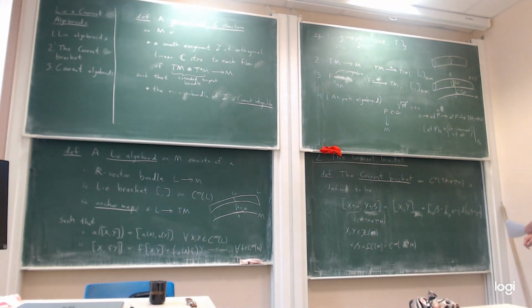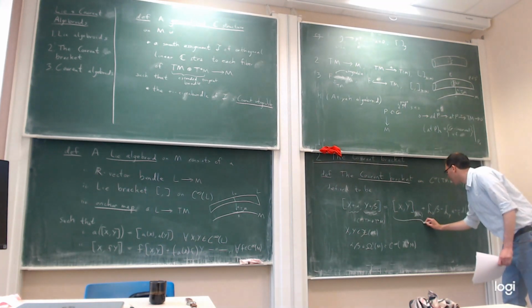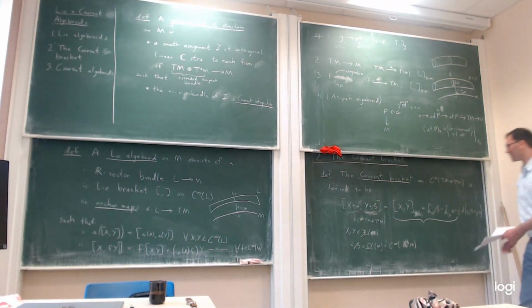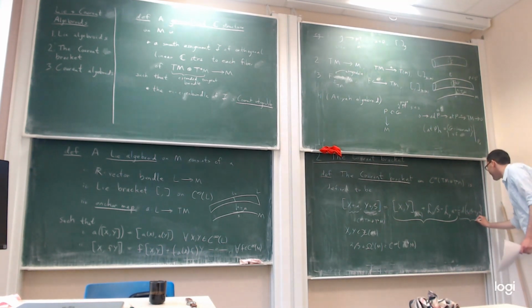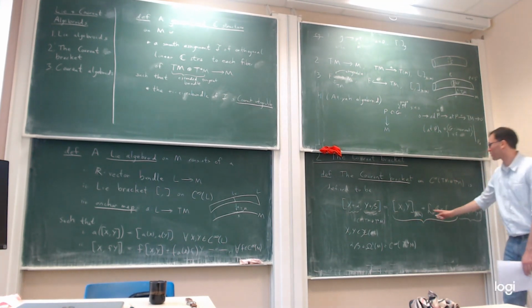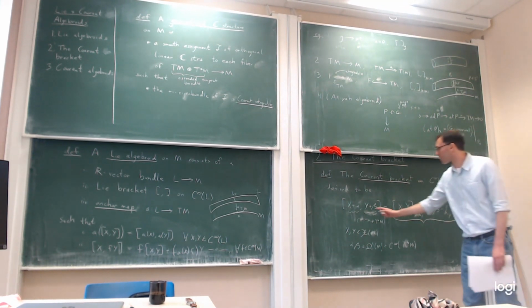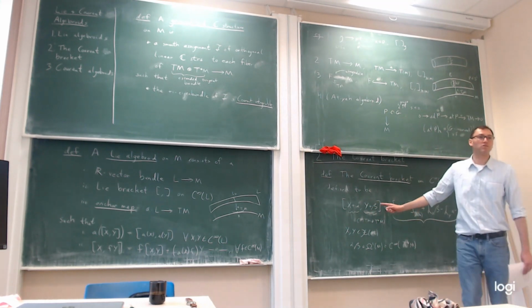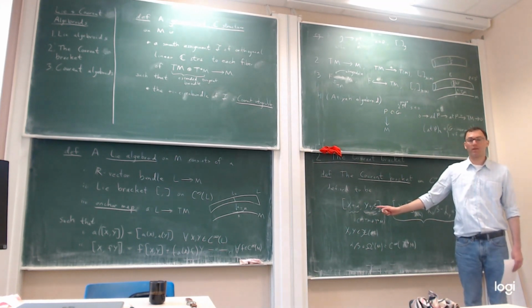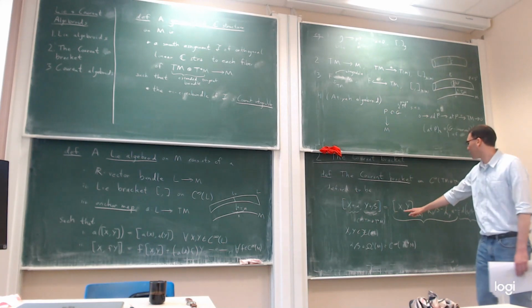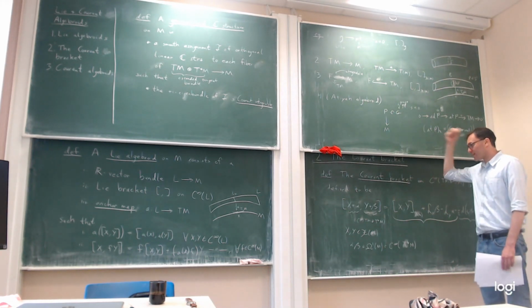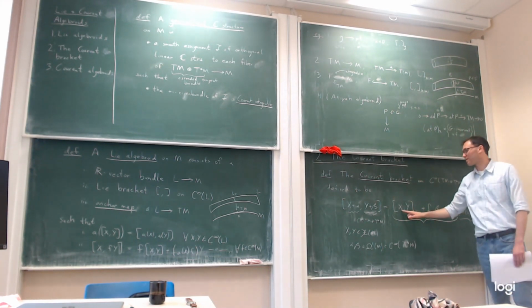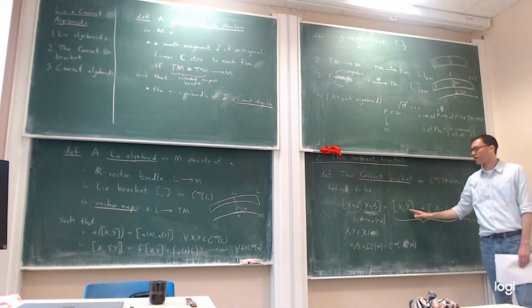Okay, so in my mind, this part of the Courant bracket is intelligible, and this part is deeply mysterious. I think what's going on here is, well, x and y represent directions on M. And the Lie bracket of x and y is the instantaneous rate of change of y along x.